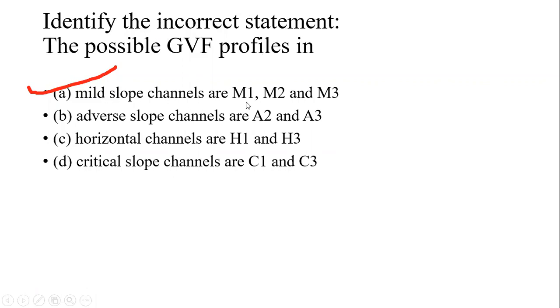First statement, in mild slope GVF profiles are M1, M2, M3. In adverse slope they are A2, A3. In horizontal they are H1, H3, and in critical they are C1 and C3. What is the correct answer? Which does not match? Okay, D I got.